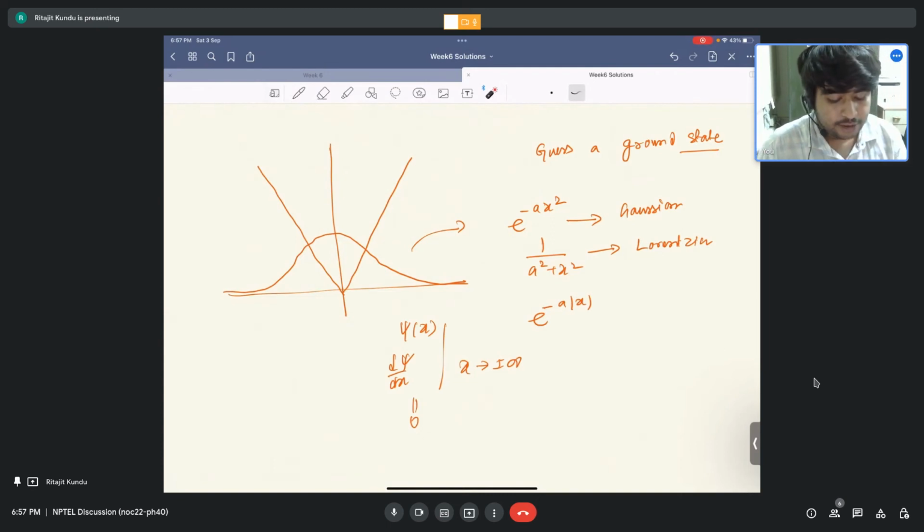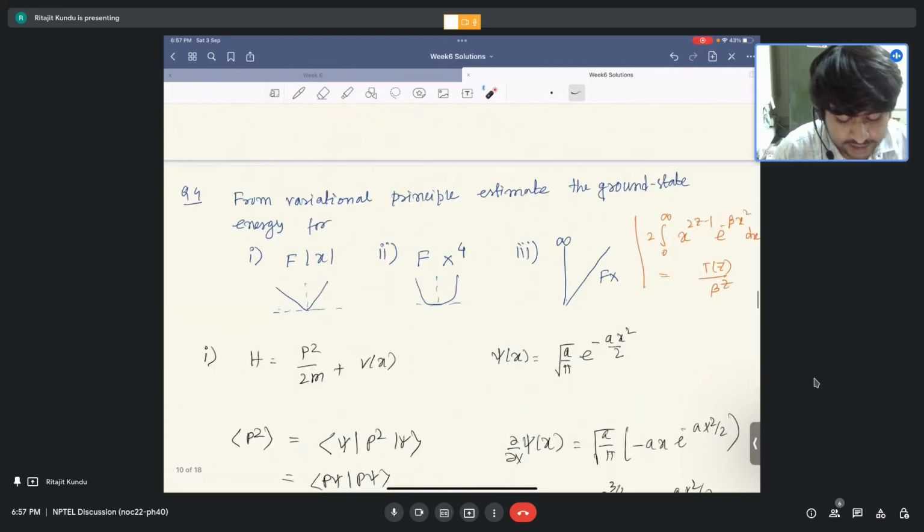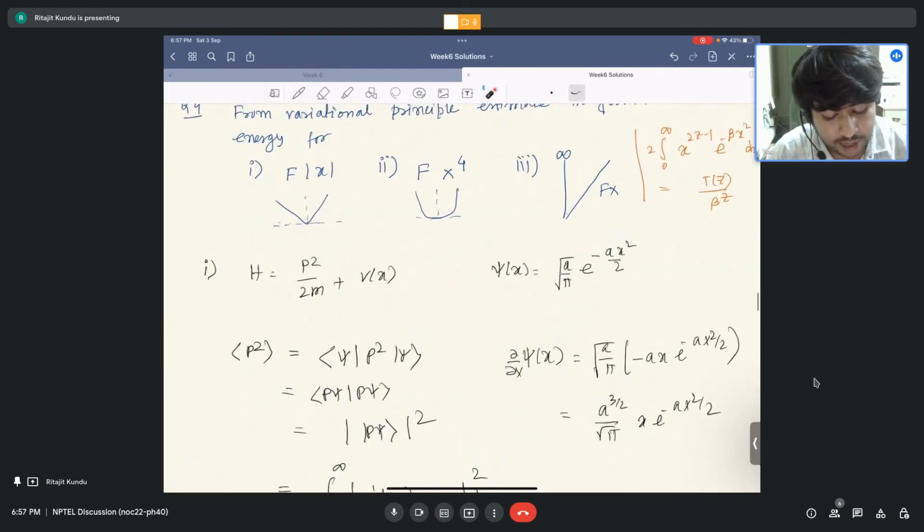So that is what I wanted to say. In this example, I have taken a Gaussian state. You can take a Lorentzian, anything. I have taken a Gaussian state, and this square root of a by pi comes from normalization of the state.